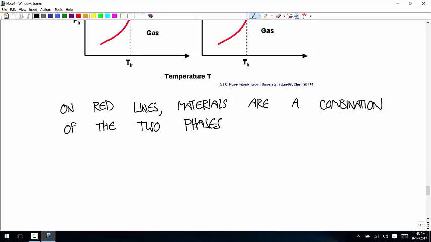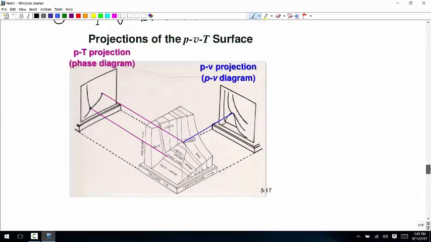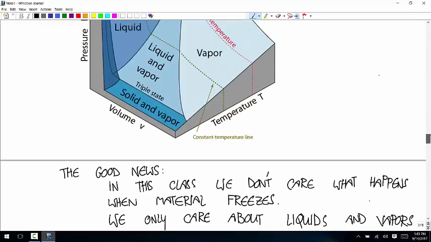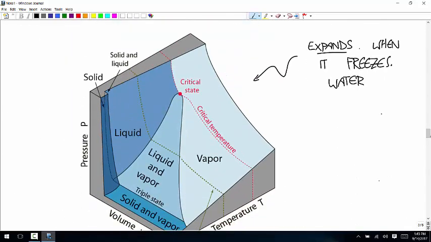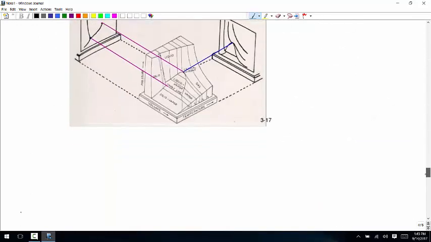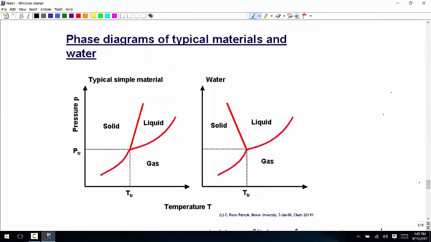And remember when we looked at the crazy thing, there was that triple state line where all of those states are states where liquid, solid, and vapor are in equilibrium. When you project it onto the pressure temperature plane, those show up as points. And so this and this are called the triple point.